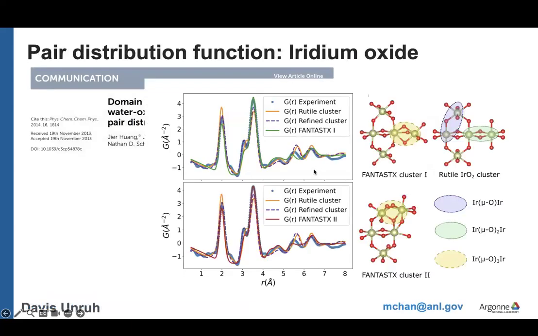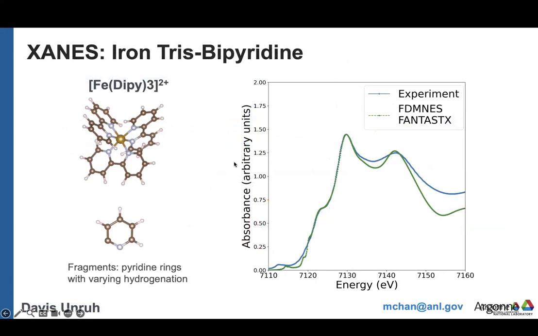There are other applications, not just to microscopy. We have done pair distribution function fitting with Fantastics. Again, comparing to a previous attempt that a collaborator had done, it sped up the process and made a slightly better fit. And we are extending this to X-ray absorption with molecular structure.